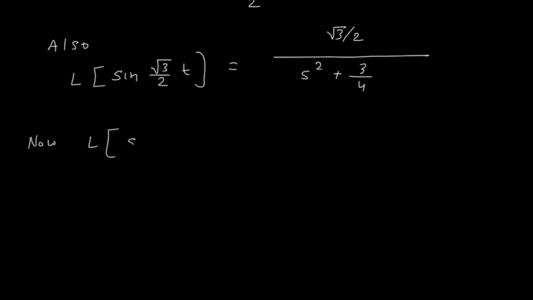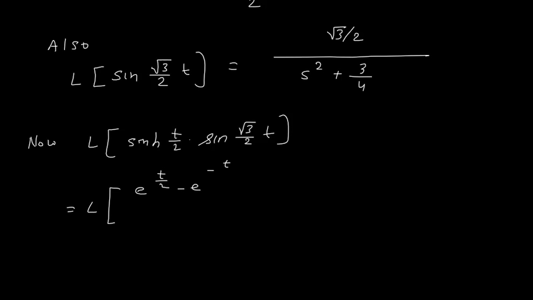Now Laplace of sine hyperbolic t by 2 into sine root 3 by 2 t. This can be written as Laplace of e power t by 2 minus e power minus t by 2, the whole divided by 2, into sine of root 3 by 2 t.